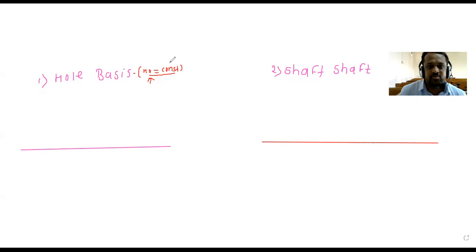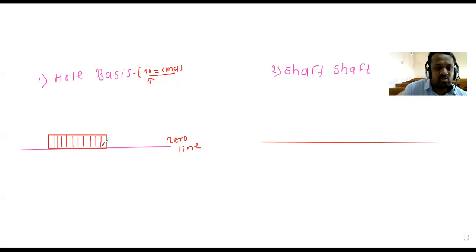For example, suppose I'm going to draw here one tolerance zone for the hole. Suppose this is the tolerance zone for the hole. This line is indicated as 0. This is the 0 line.